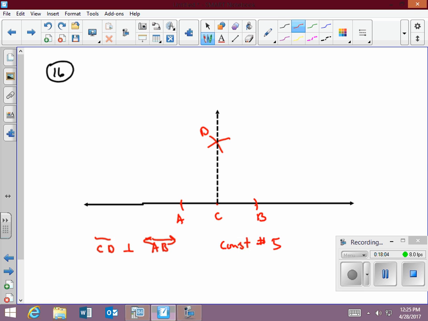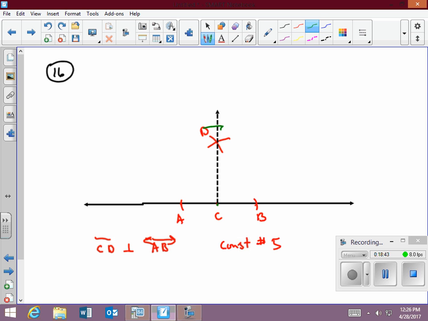Now, I want to take this arc. We'll take an arc. We'll put a point right here.